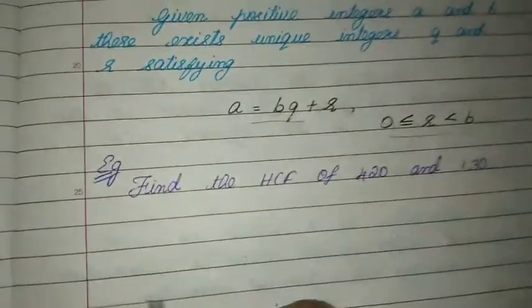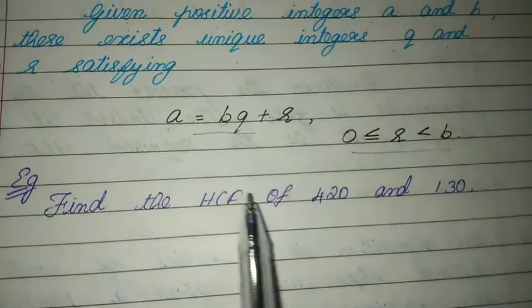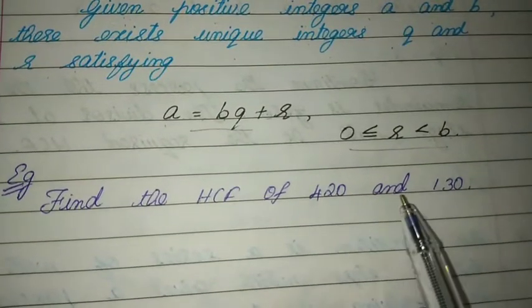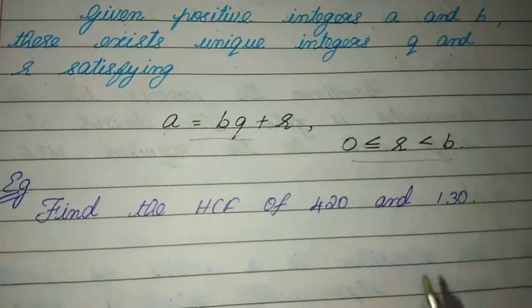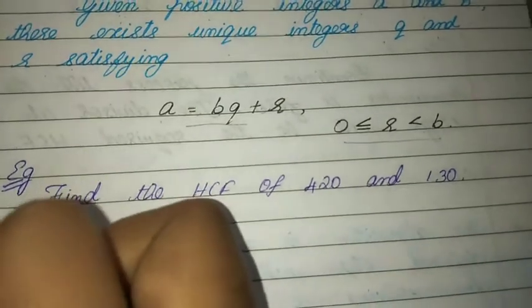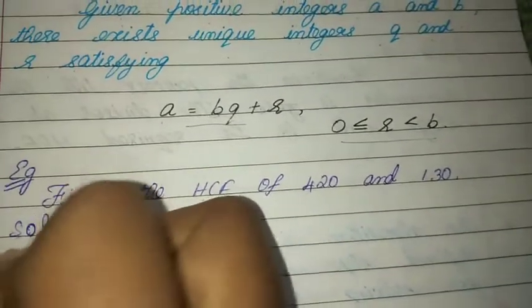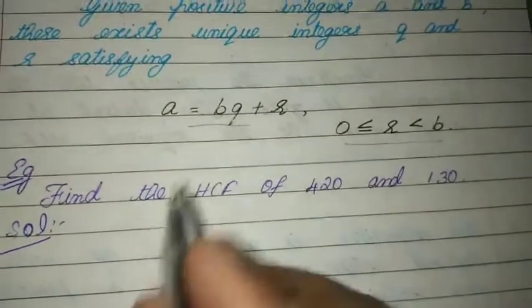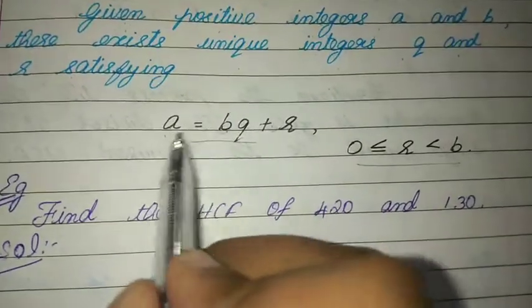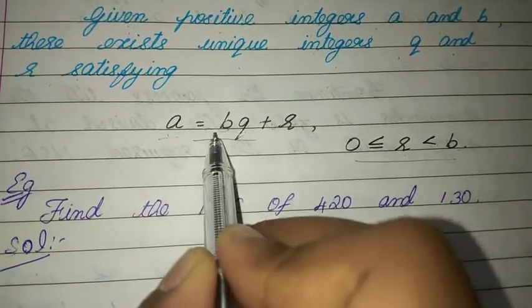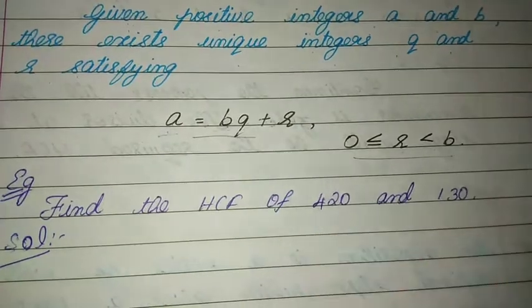Now let me give you an example so that you will understand it better. For example, I have given: find the HCF of 420 and 130. Okay, so let me write for you all. So you may ask, what is the value of a and what is the value of b and value of q and r?